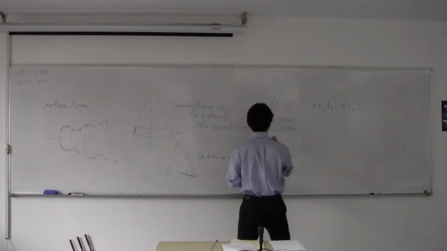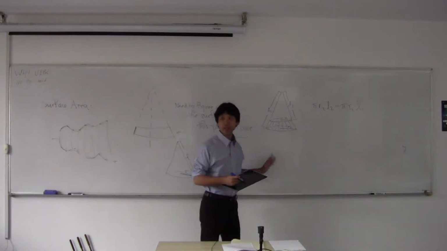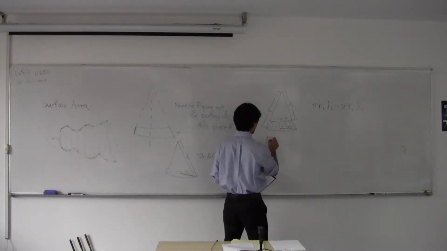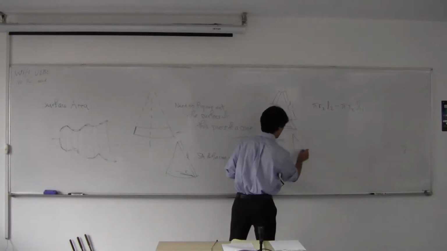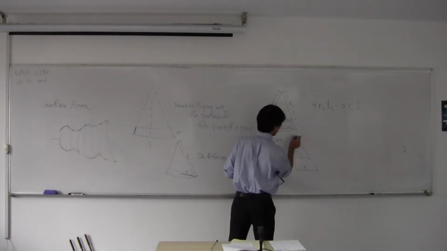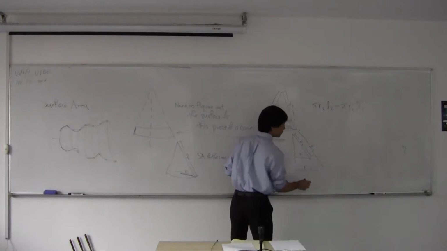Okay. We can simplify this a little bit by using an observation. Okay, so observe. If we draw similar triangles here, this is R1, this is R2, this is L1, this is L2.